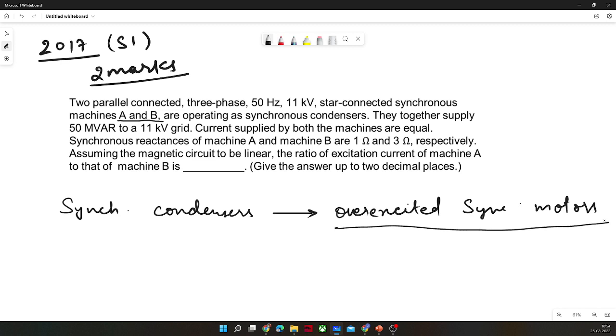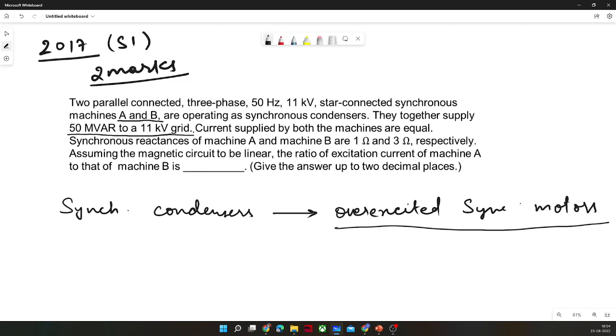It means it has more reactive power and now it can supply some reactive power either to load or to grid or to any such kind of absorber. So that's what these both machines are connecting in parallel and they both are supplying reactive power to the grid. It is given here that grid is maintained at 50 MVAR, 11 kV.